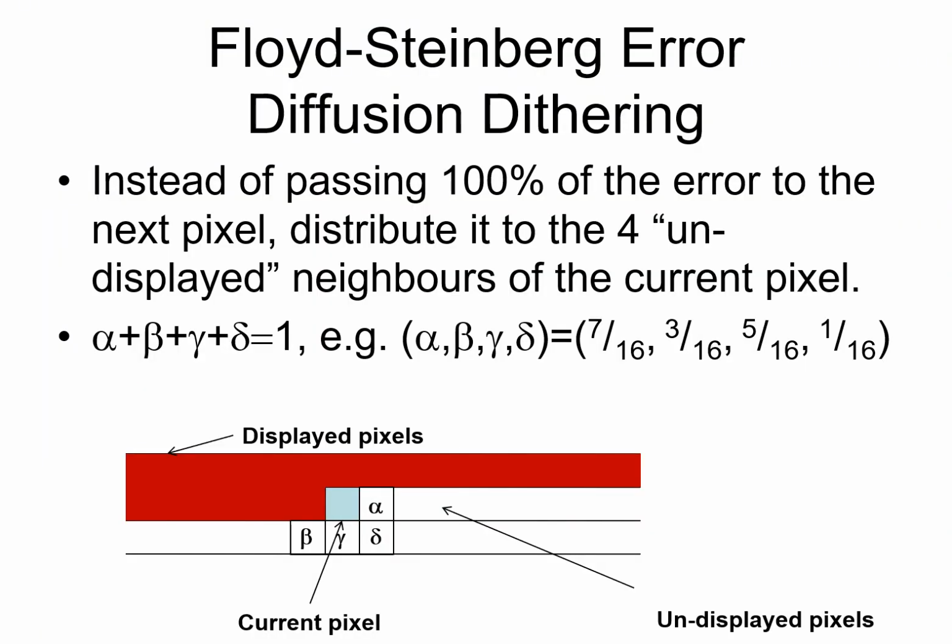So far, the process we have seen has passed the entire error onto the next undrawn pixel, where that pixel could be on the same row or on a different row if we're at the edges of the image. There is a variation to the algorithm known as the Floyd-Steinberg error diffusion algorithm, and this passes on the error to the undrawn neighboring pixels. So if we consider the light blue pixel that we have here, all the red pixels have already been determined as being black or white, and we're now looking at the current blue pixel.